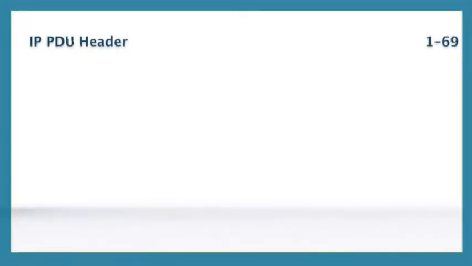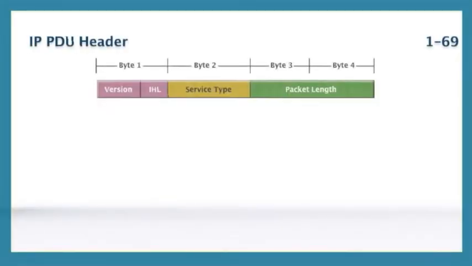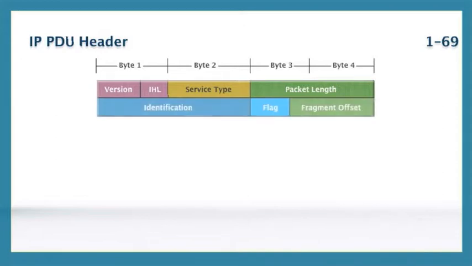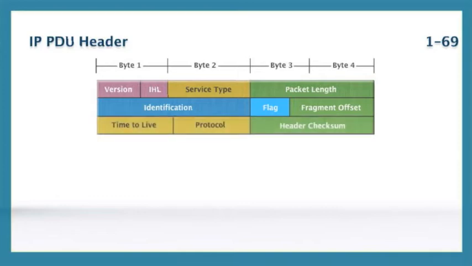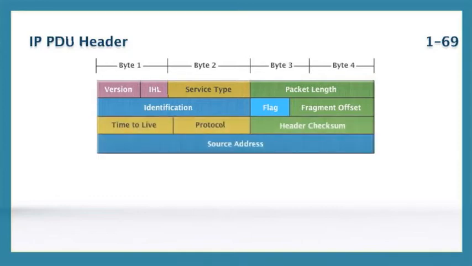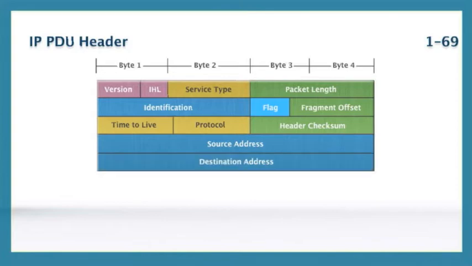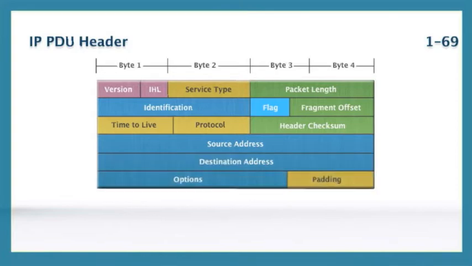Remember I told you that there was that process we call encapsulation? And that there would be address information attached to the data? Well, here you're looking at all of the various fields of information that the IP protocol attaches to the data at the network layer. And look at this.